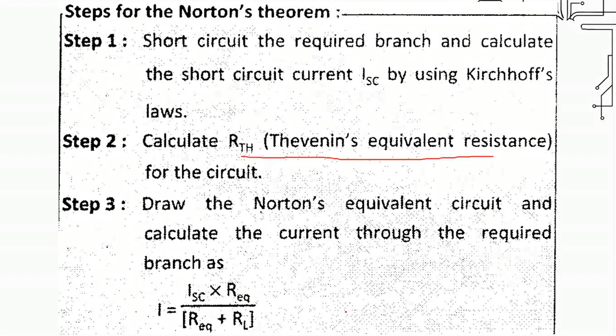ISC is nothing but your Norton's circuit current, and RL is the resistance through which we are going to calculate the current. So these are the steps for Norton's theorem.